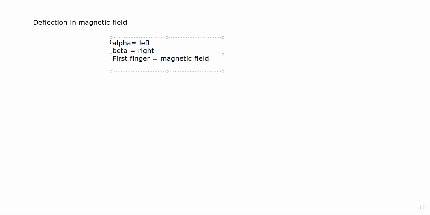Your second finger points towards the motion of the particle, the initial movement of the particle. And your thumb will represent the force, the direction in which the particle experiences the force, or the deflection, you can also say.